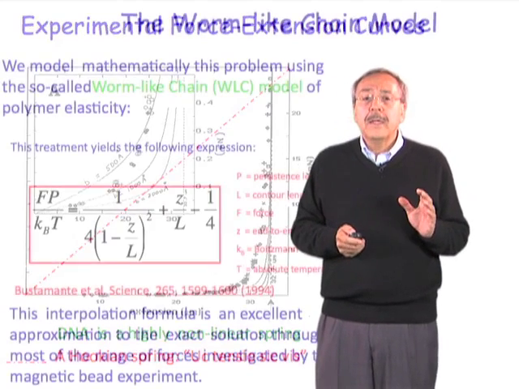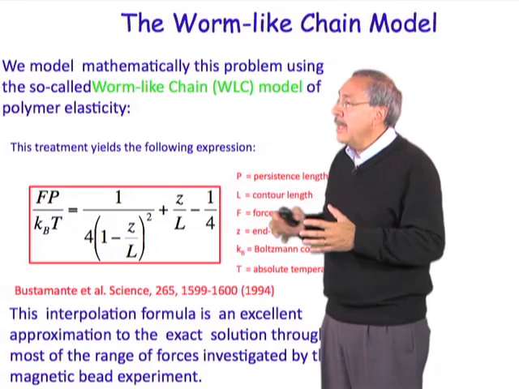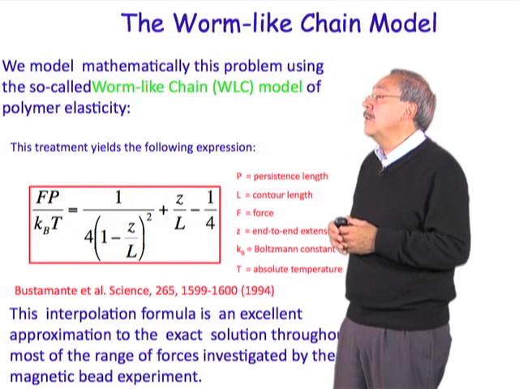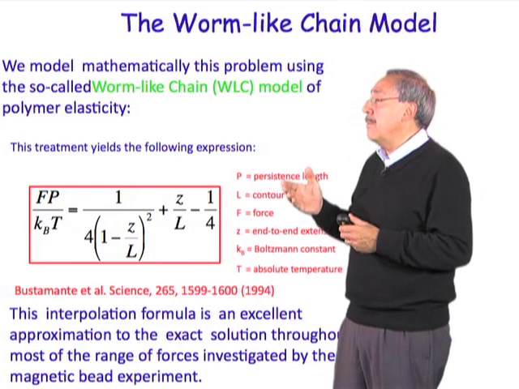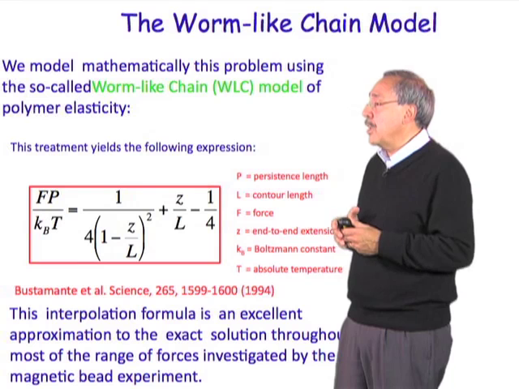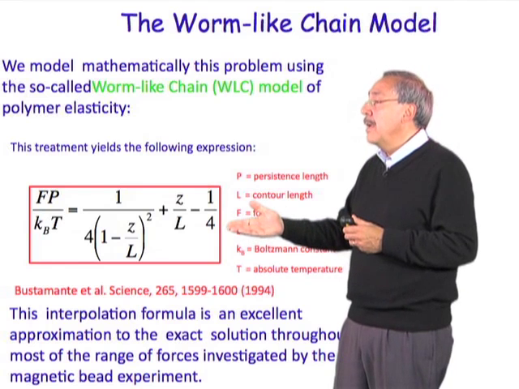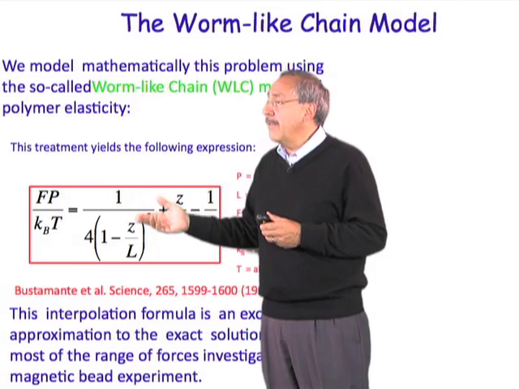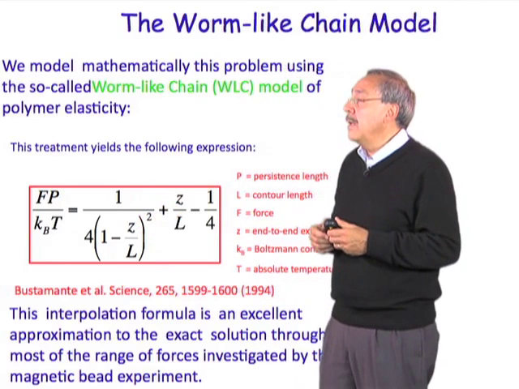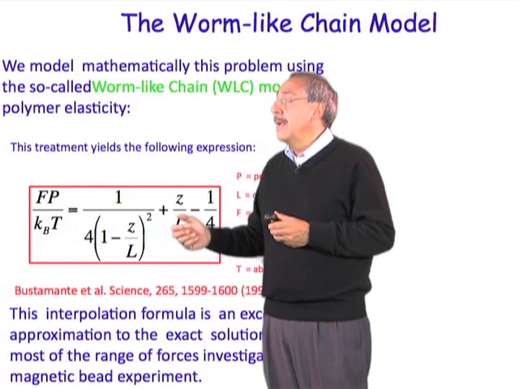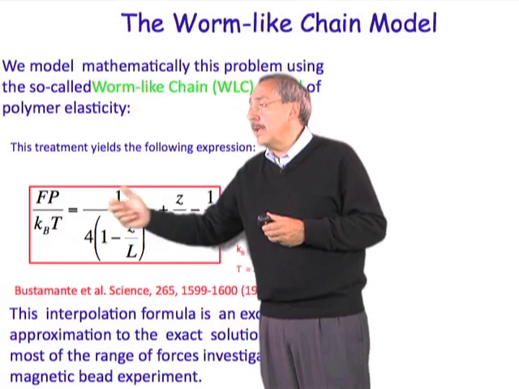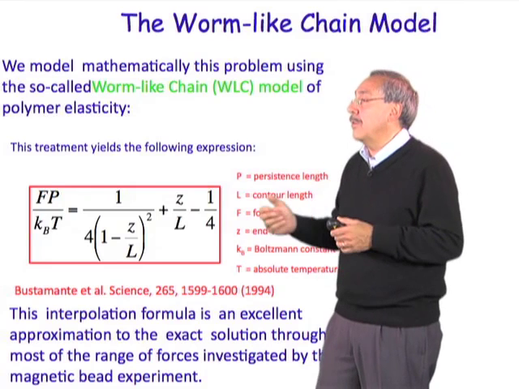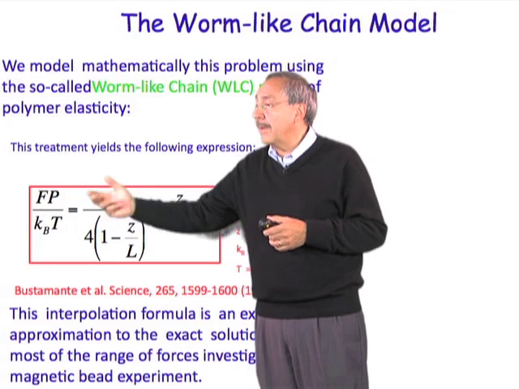Okay, so in fact, we studied this for quite a while, and we were able to show that it is possible to rationalize all this elastic behavior of the DNA molecule using a model of polymer elasticity called the worm-like chain model, and we derived this expression shown here that accounts very well for the force needed to extend the molecule a given amount, in this case z, when the molecule has a contour length L, and the experiment is carried out at the temperature T. This particular model requires the introduction of one parameter that describes the elasticity of the DNA molecule, and that parameter is what we call persistence length.